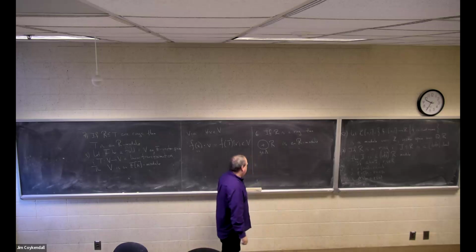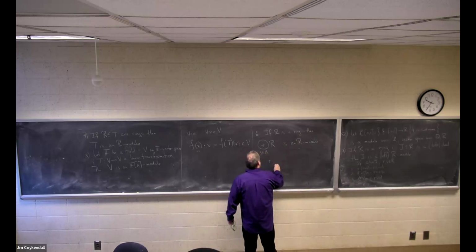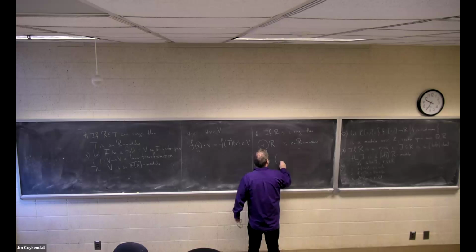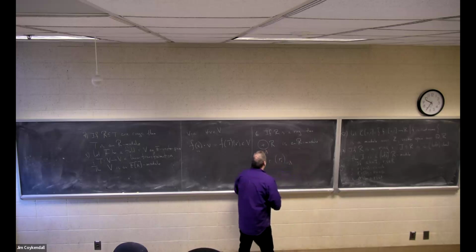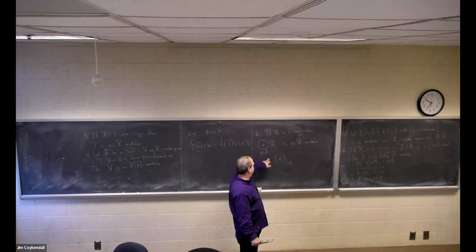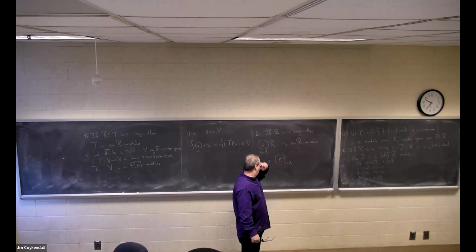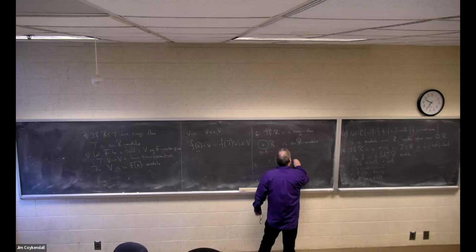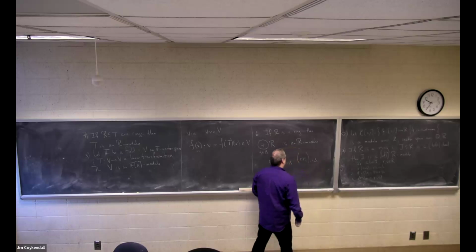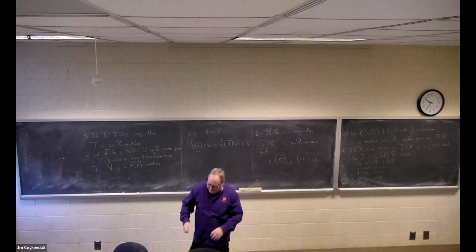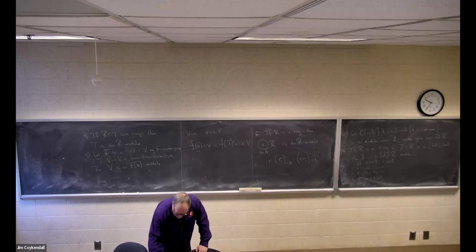And here's the way the scalar multiplication works. R times an element r_i. So a typical element of this is, I'm not even going to call it a sequence, I'll call it a net, where most of these are zeros. So given a ring, you can build very, very large modules.